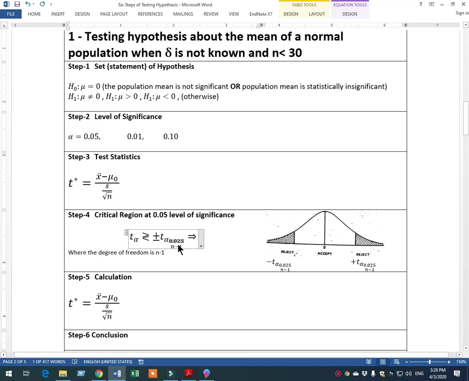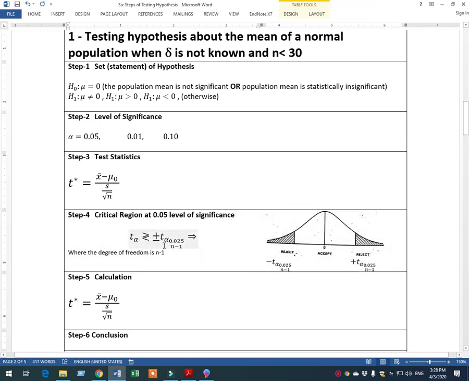If the t value is more than plus t alpha by 2 with n minus 1 degrees of freedom, this area would be called the critical region. On the left side, if it is found less than minus t alpha by 2 with n minus 1 degrees of freedom, we will be finding this area. These two shaded areas are called the critical region. It was already told in the classroom in detail.